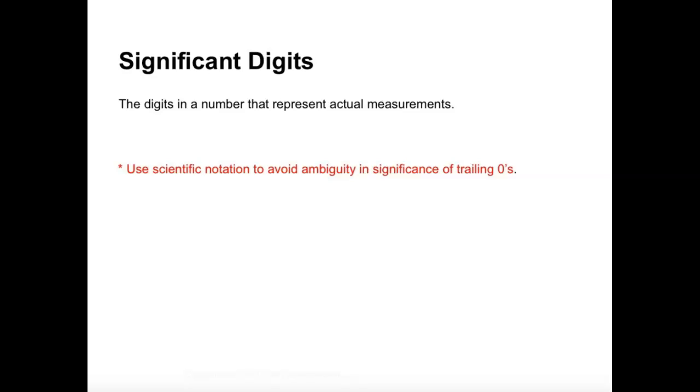And it says we can use scientific notation to avoid any ambiguity in significance of trailing zeros. That may not make too much sense right now, but we'll do a couple examples and hopefully it will make sense at that point.